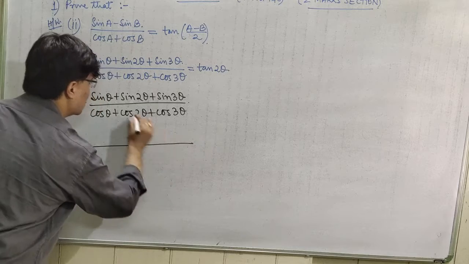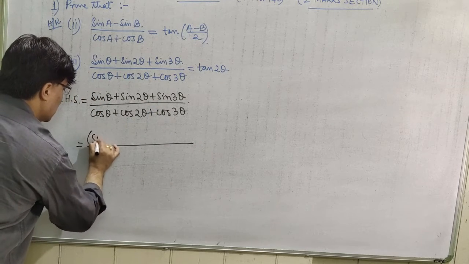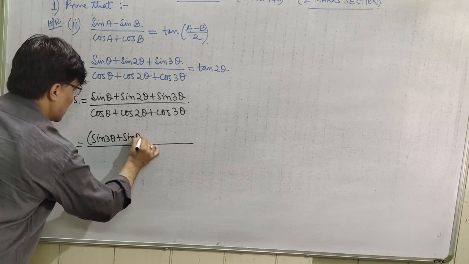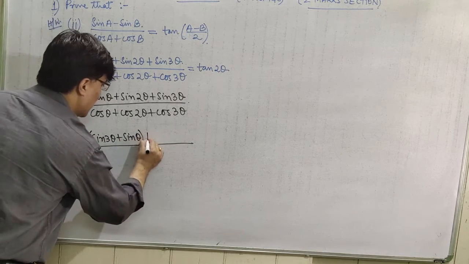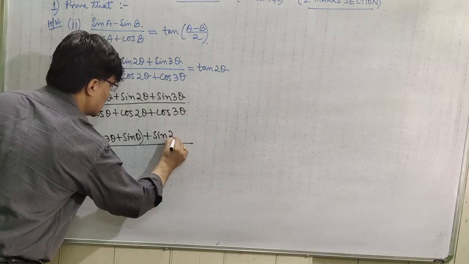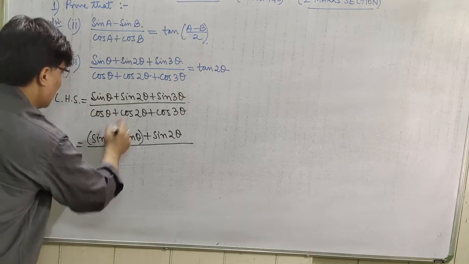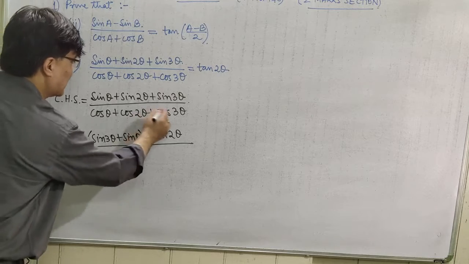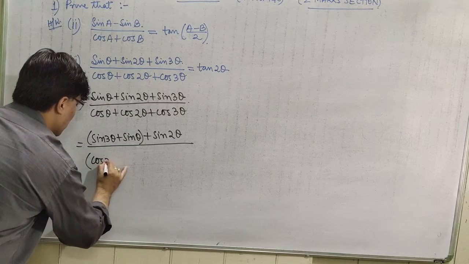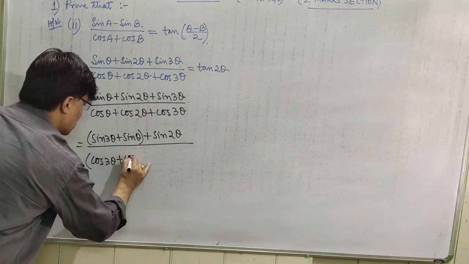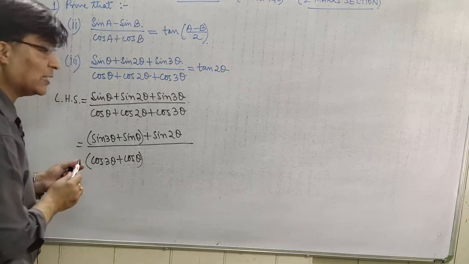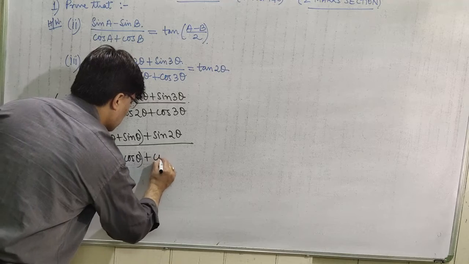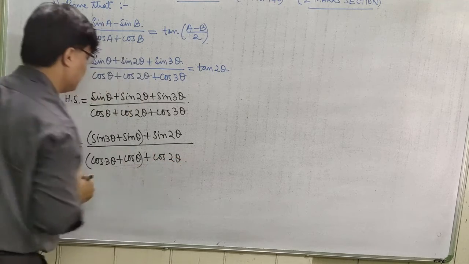That is sin 3 theta plus sin theta, then plus sin 2 theta is there, right? Similarly, in the denominator, let us write down the greater angle as C, that is cos 3 theta plus cos theta, and then plus cos 2 theta.